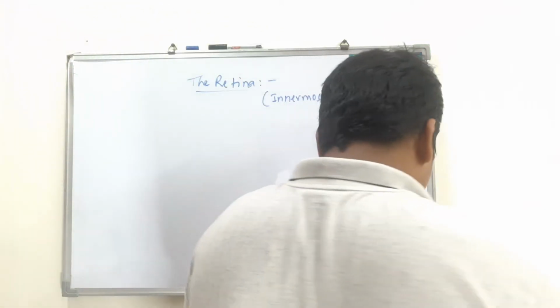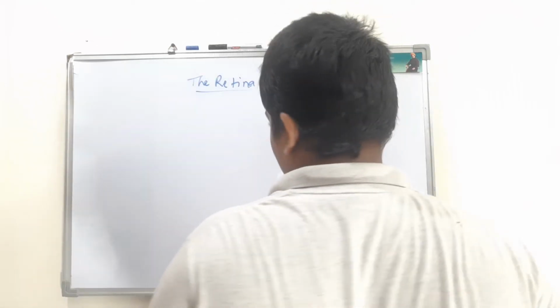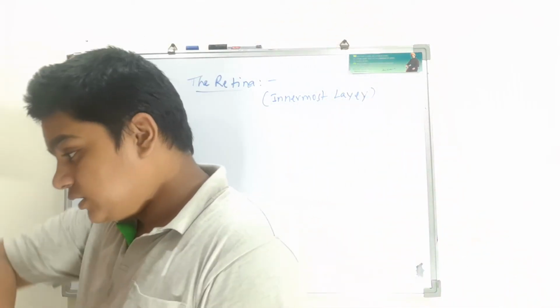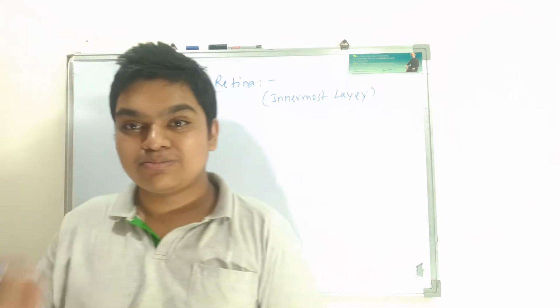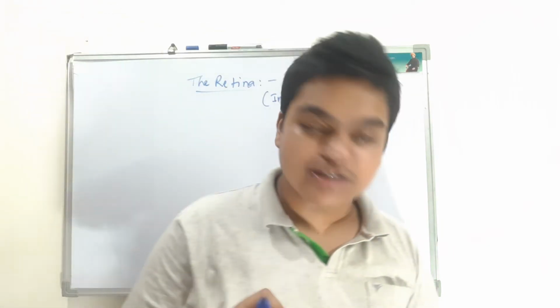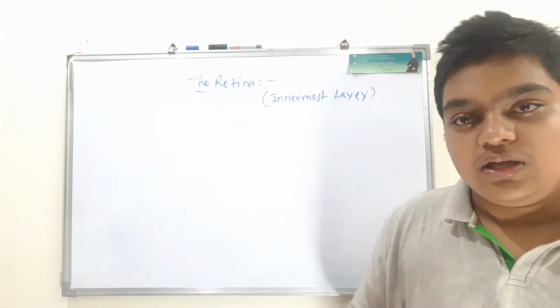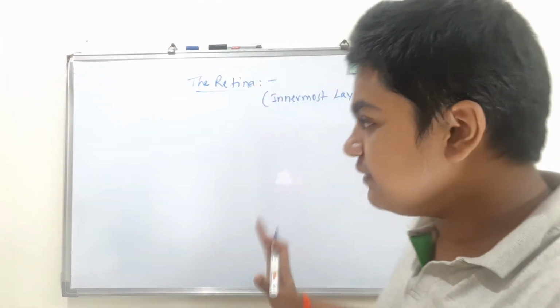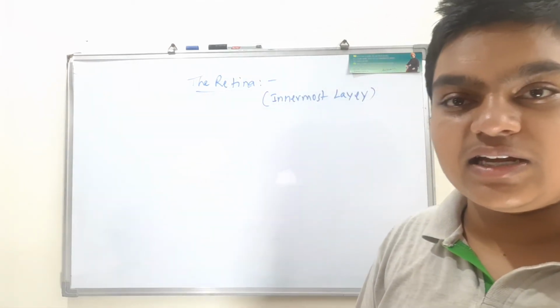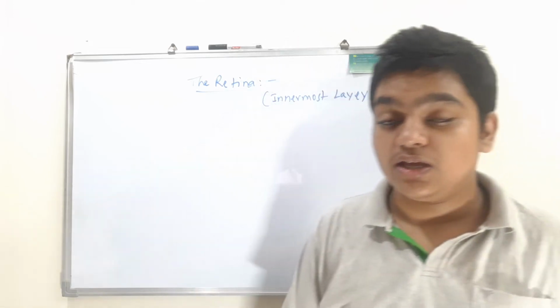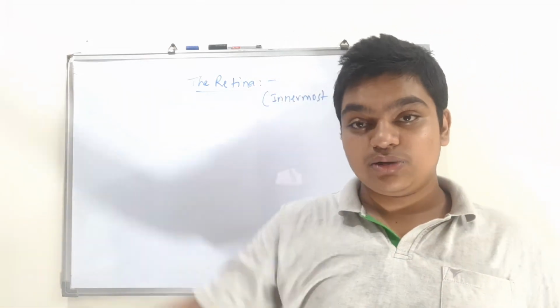Now I am writing these neural cells from inside to outside. Please make sure the direction is very important. In the previous topic, when we were discussing the layers of the walls of the eye, I told you from outside to inside.